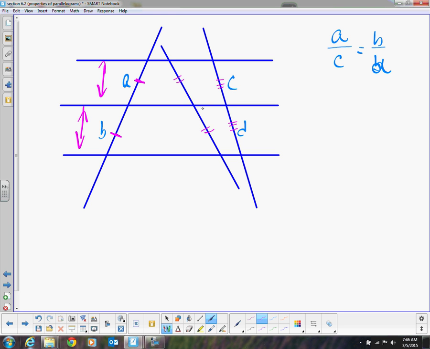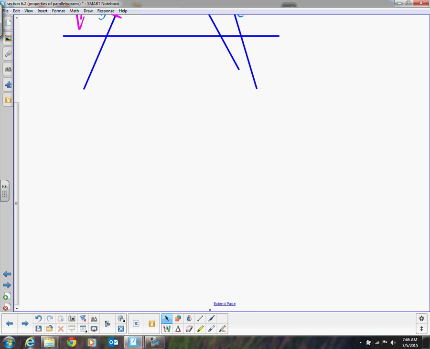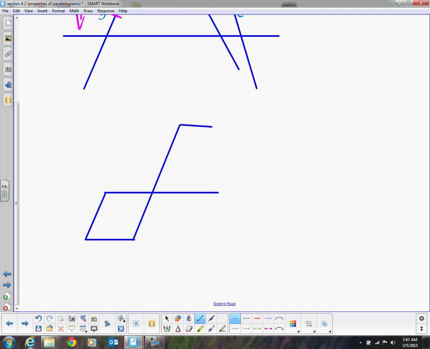No. So they gave you a diagram. All right. So what if I want to move up? You're going to be using all these things that you just learned about parallelograms. Okay, what do you know about this angle and this angle? Why are these congruent?